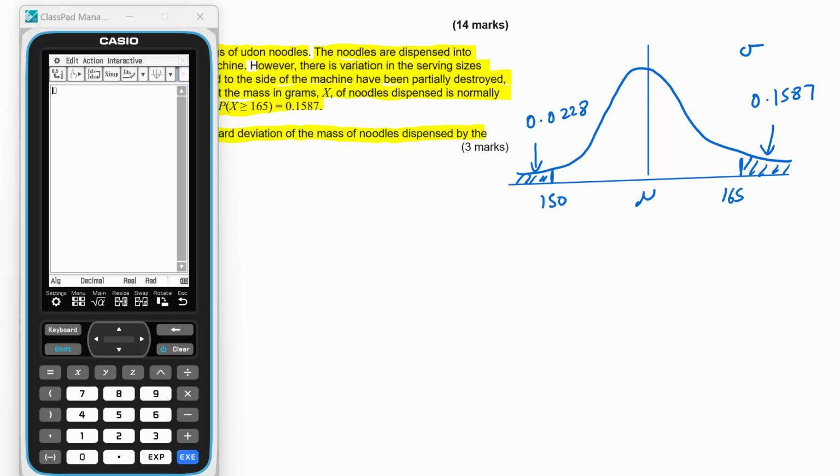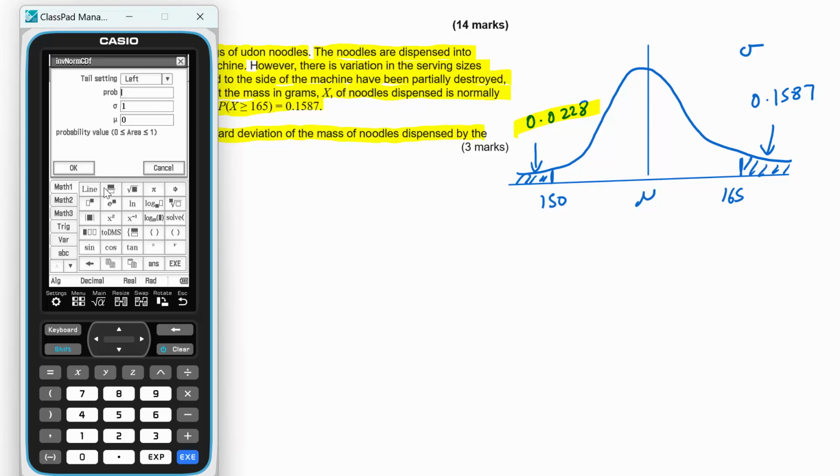So if we start by doing an inverse norm of this, we go interactive, inverse, inv norm, tail setting left, probability 0.0228, and we want it as a standard normal.